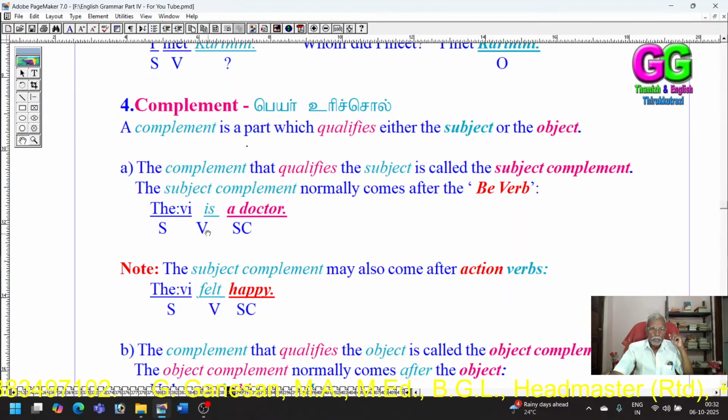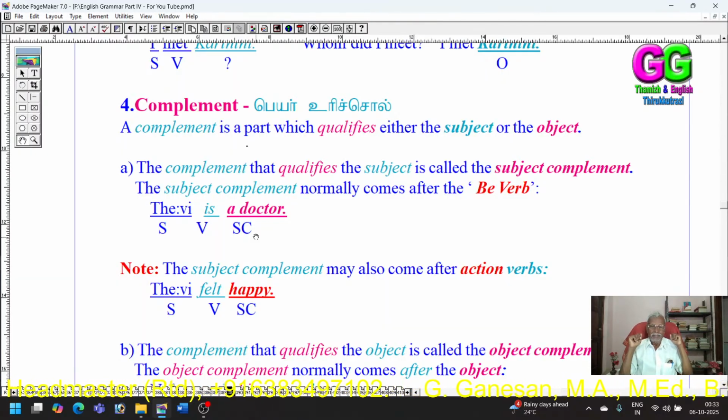Here is an example. Devi is a doctor. Here a doctor is the complement. It qualifies the subject Devi. So a doctor is the subject complement. I am old. Old is a subject complement because old qualifies the subject I. You are young.